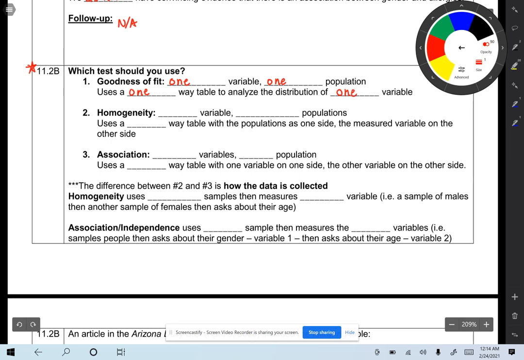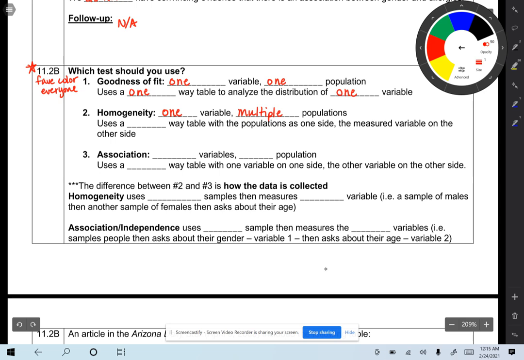Or you can even do a breakdown of colors into different groups like blues, greens, reds, yellows, and so on. So maybe favorite color and sampling everyone. Okay. For the chi-squared test for homogeneity, you have one variable, but multiple populations.